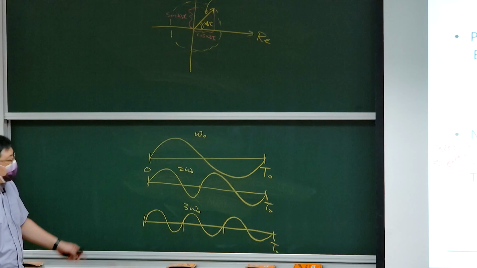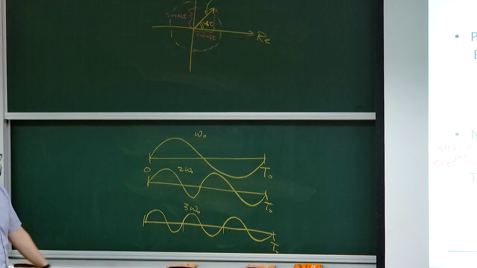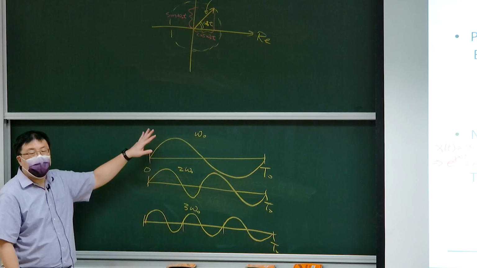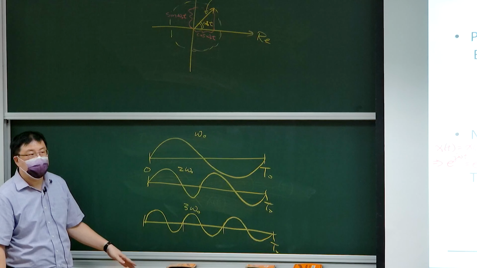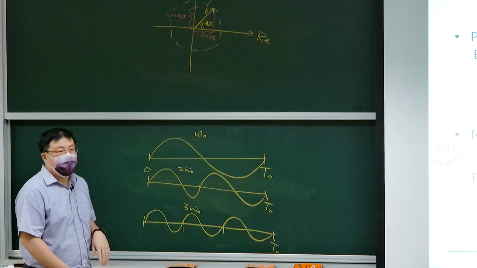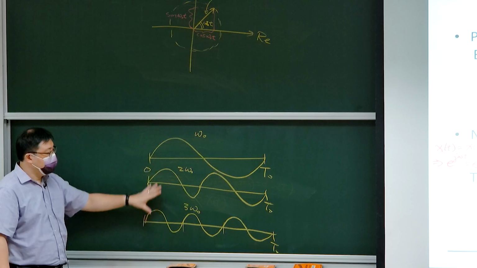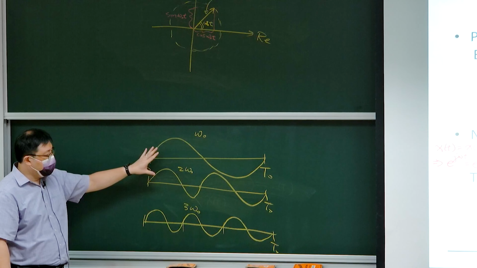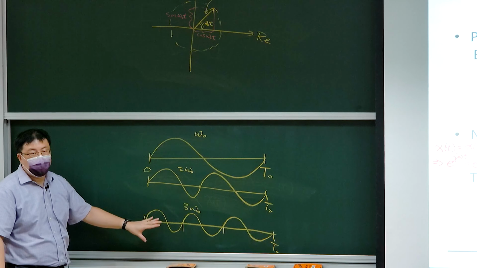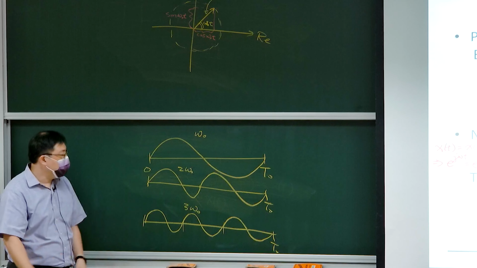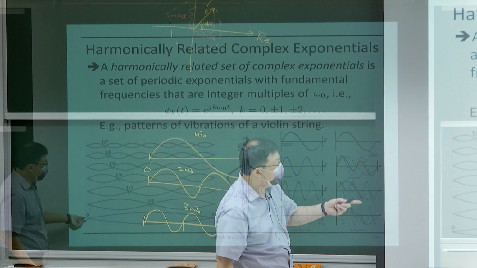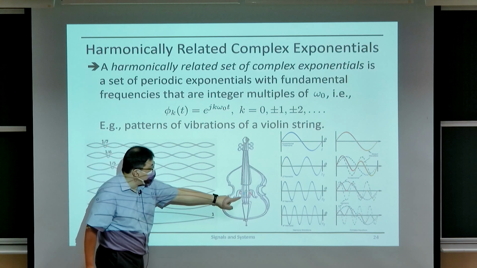All of these sinusoids that are periodic with period T naught are said to be harmonically related. And you would observe that in, let's say, music instruments. Suppose that you're looking at a string instrument where you tie the 2 ends, something like this on the next slide, where you have fixed points on 2 ends.